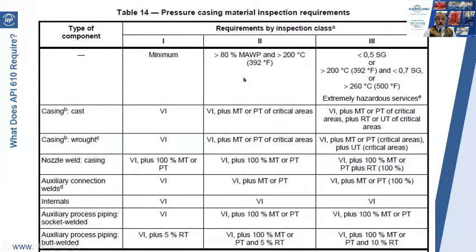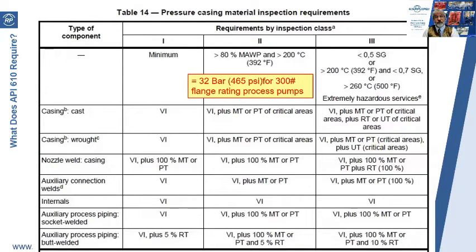Now, most process pumps with 300-pound flanges have a max allowable working pressure of 40 bar or 580 psi. So 80% of this value is 32 bar, 465 psi.